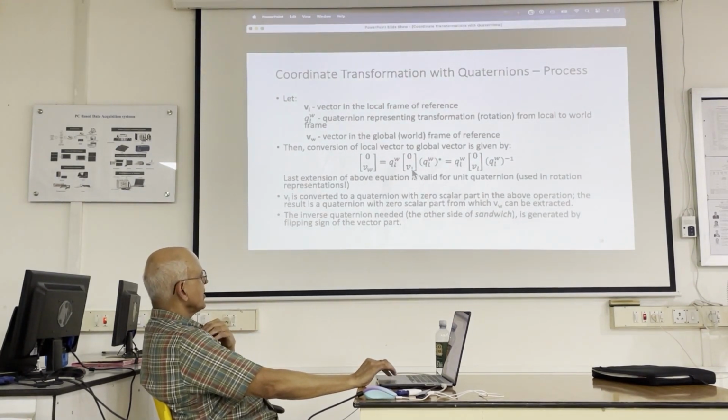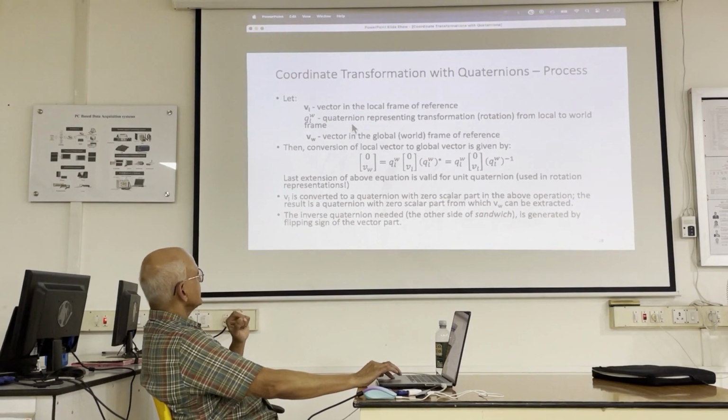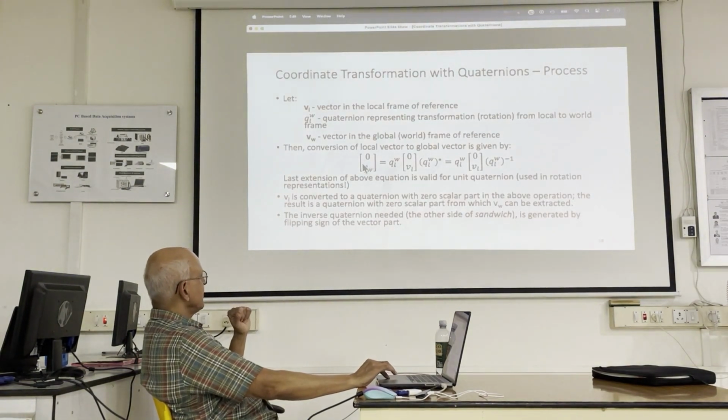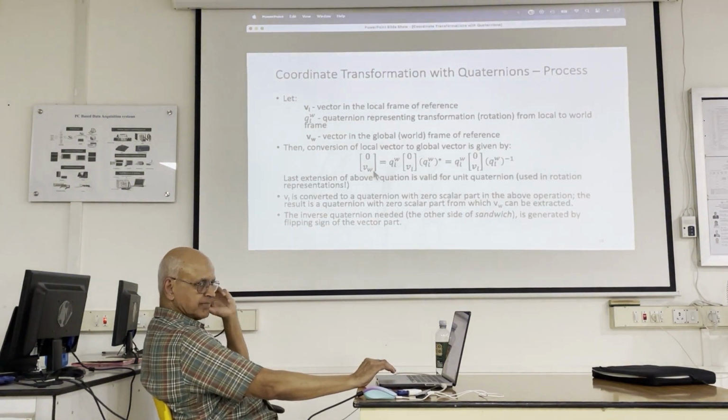You take the vector you want to transform into the world frame, add a 0, and make it a quaternion. Multiply by the quaternion representing the transformation from local to world frame. Post-multiply by its conjugate, which for a unit quaternion is the same as the inverse, and you will get a resultant quaternion, the bottom 3 elements of which will be the transformed vector.